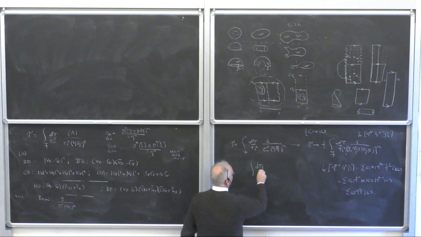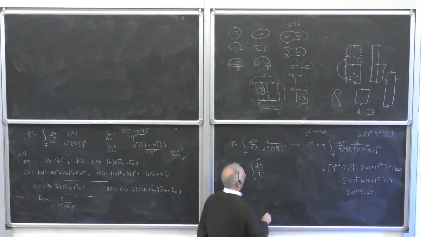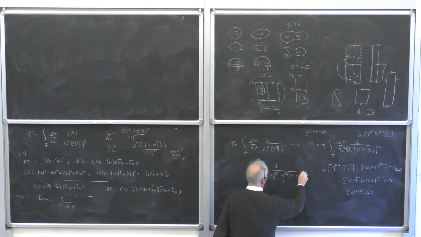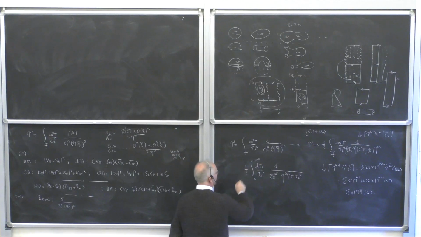So you have the integral d tau 2 over tau 2 squared from 0 to infinity, and then you get 1 over tau 2 to the 14, to the 12, sorry, eta to the 24 of 2I tau 2, with a half in front.